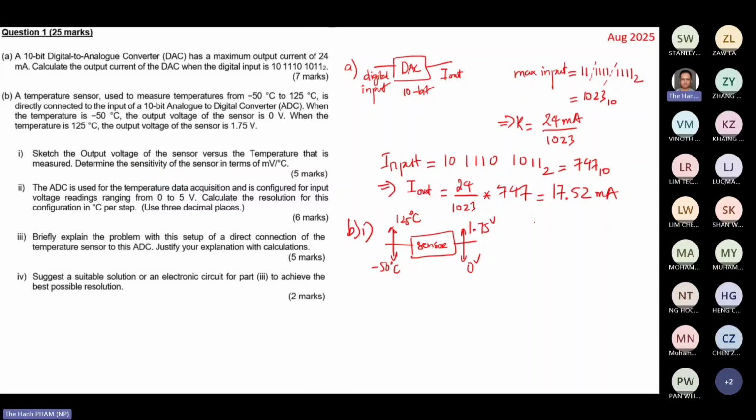So the way you draw is, here is the output, which is V, and here is the input, which is T, right? The unit is degrees Celsius for T, and for V the unit is volt, right?